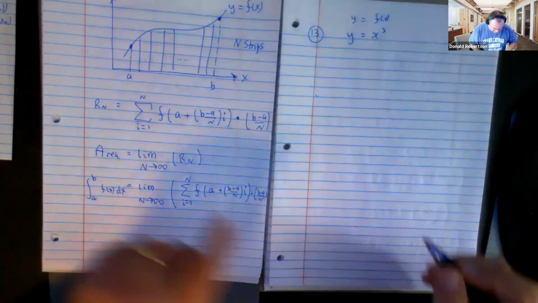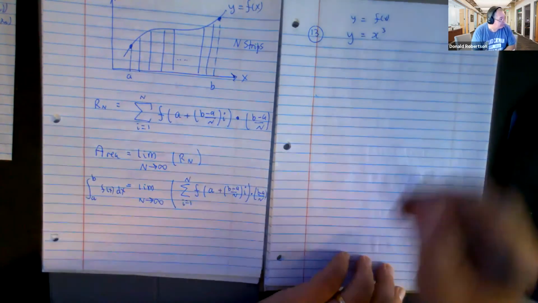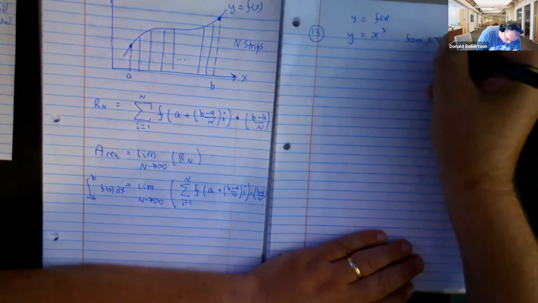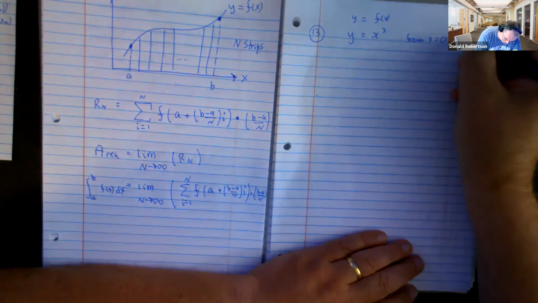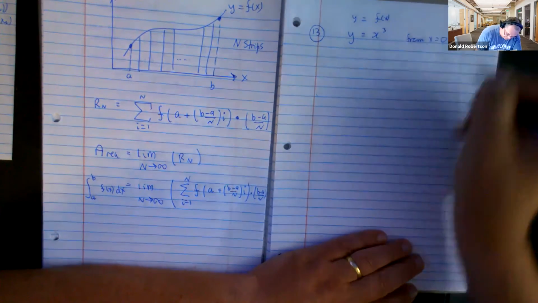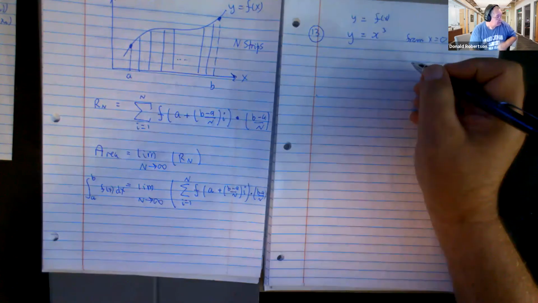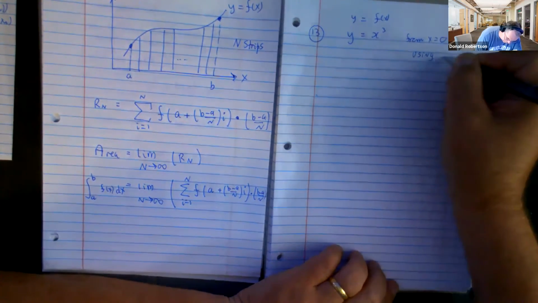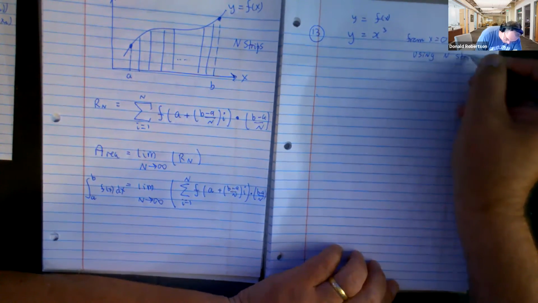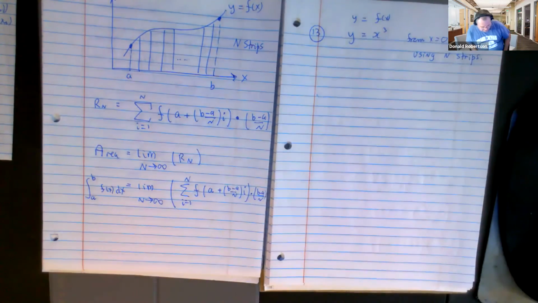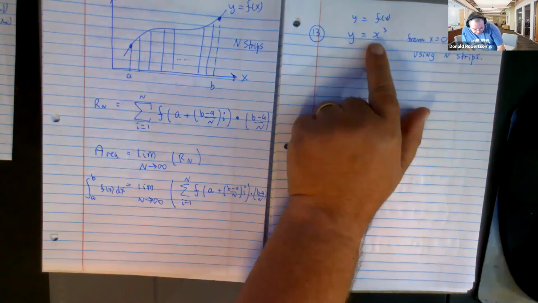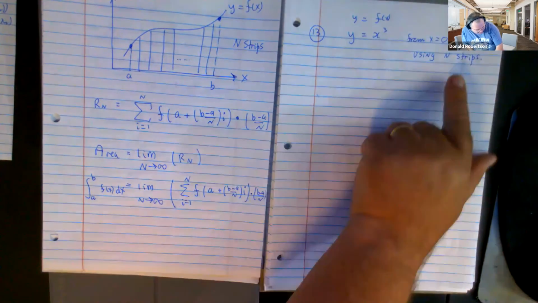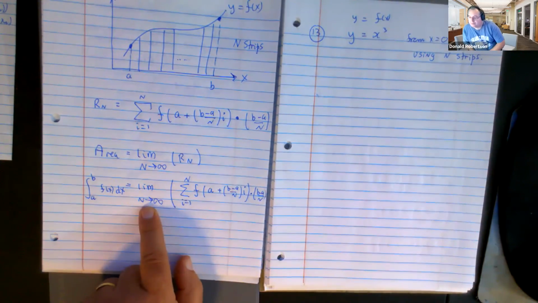We're going to use this technique to find the area under the curve of x cubed from x equals 0 to x equals 1, using n strips and then making n go infinite.